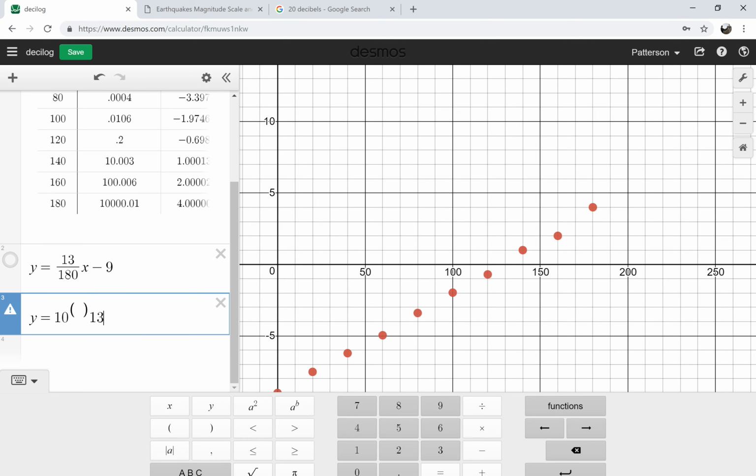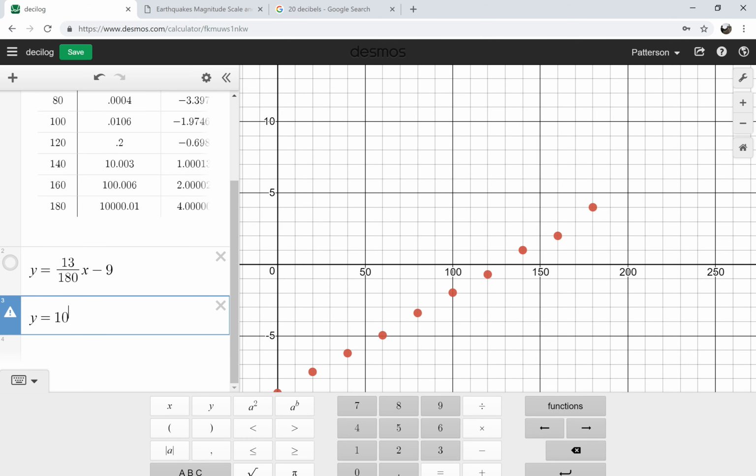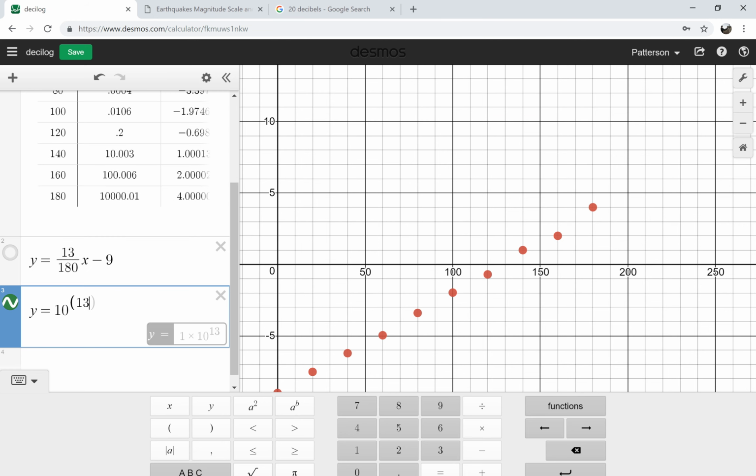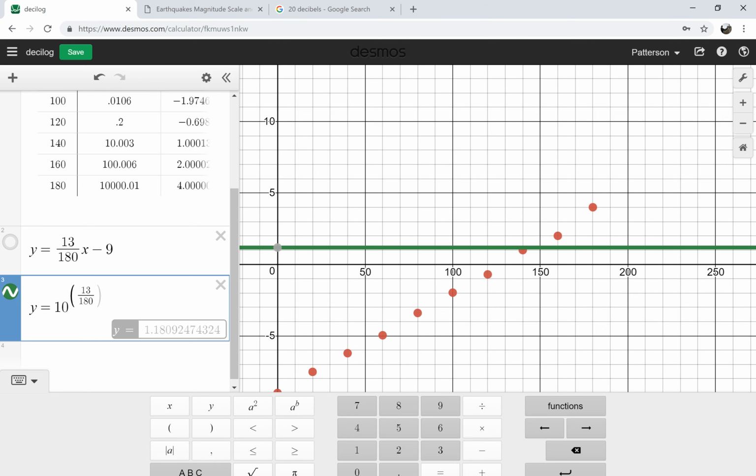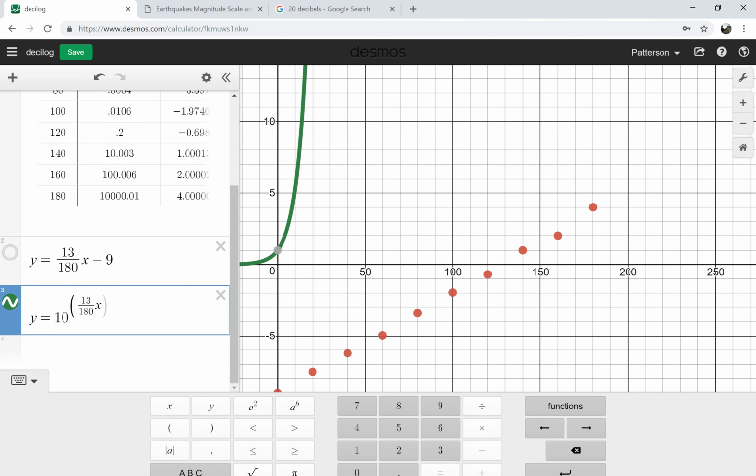Oops. Let's try this again. 13 divided by 180 x minus 9. Is that what it was? Yeah, it's right there, right above me there. There it is. Okay, now let me go back up.